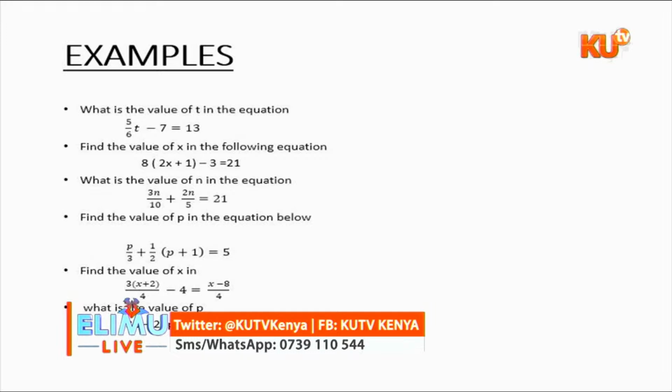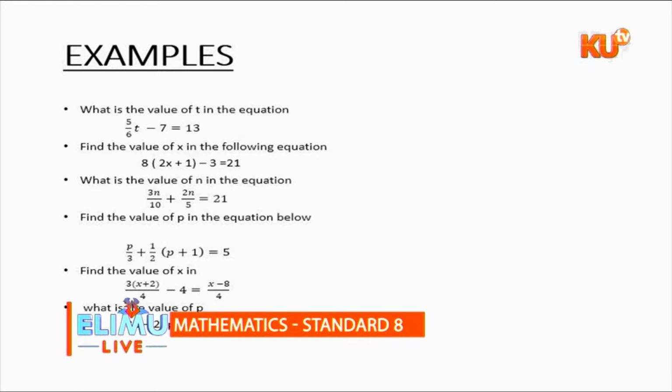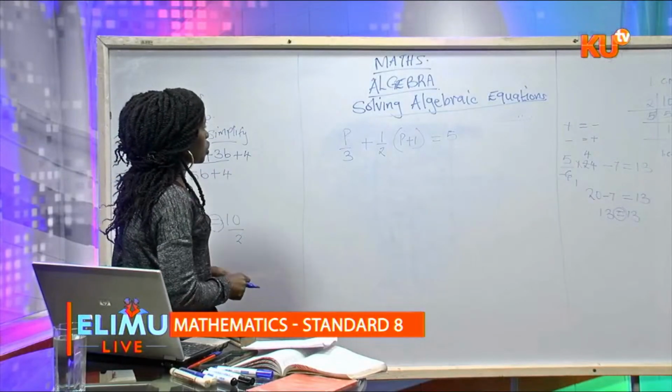And the equation is P over 3 plus a half bracket P plus 1 is equal to 5. We are told to get the value of P in that equation.